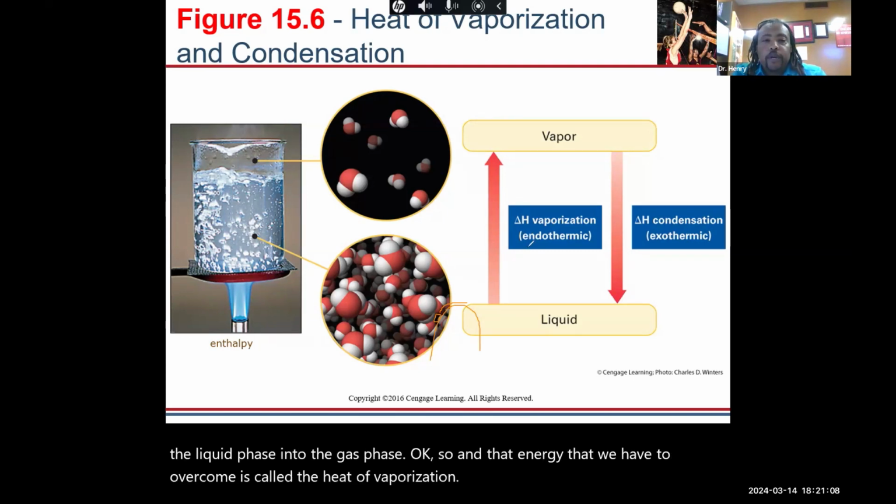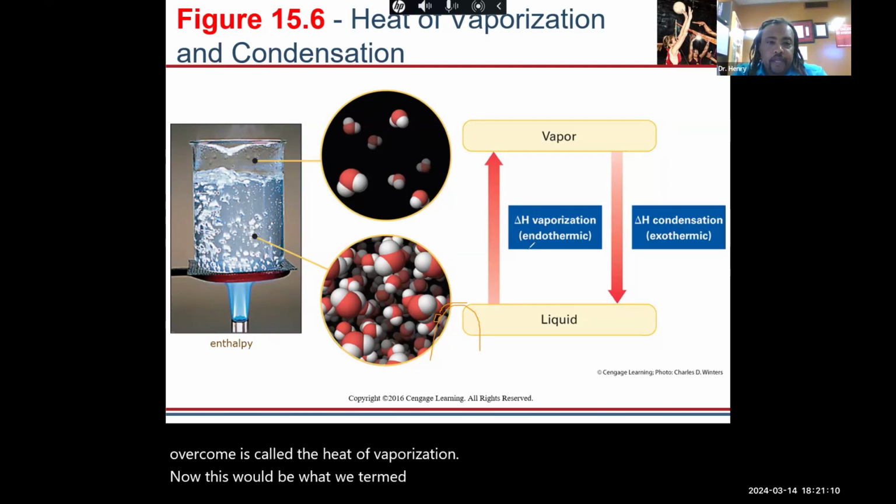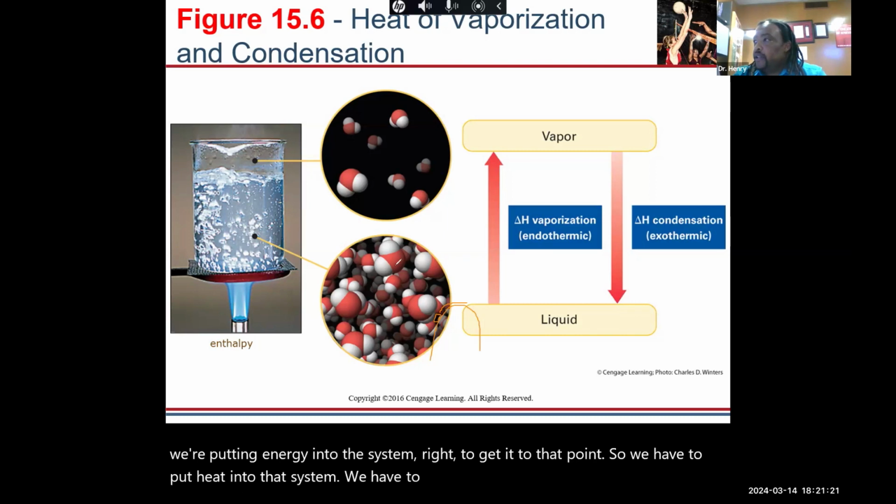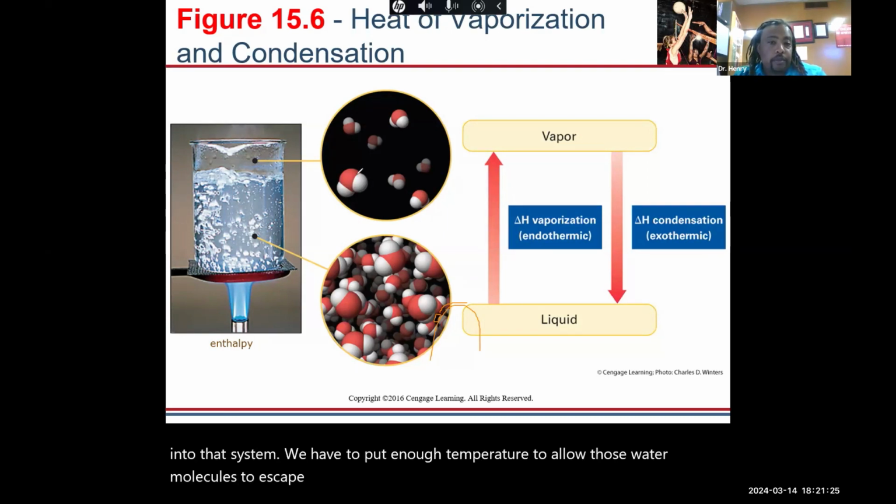Now, this would be what we term endothermic. Endothermic means that we're putting energy into the system to get it to that point. So we have to put heat into that system. We have to put enough temperature to allow those water molecules to escape. So that would be endothermic. Endo meaning in.